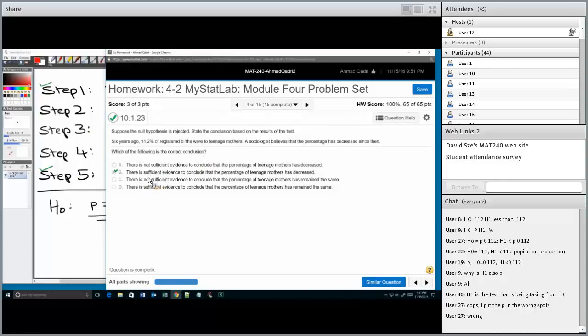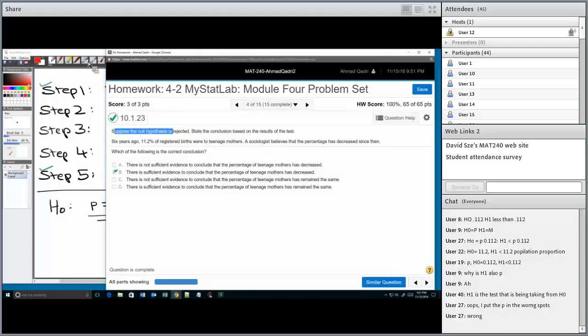Step 5, conclusion. Okay, so let me first read the right answer. The conclusion is that there is sufficient evidence, and this sufficient evidence comes from analyzing the sample that you're going to analyze from problem 7 and on. There's sufficient evidence to conclude that the percentage of teenage mothers has decreased.